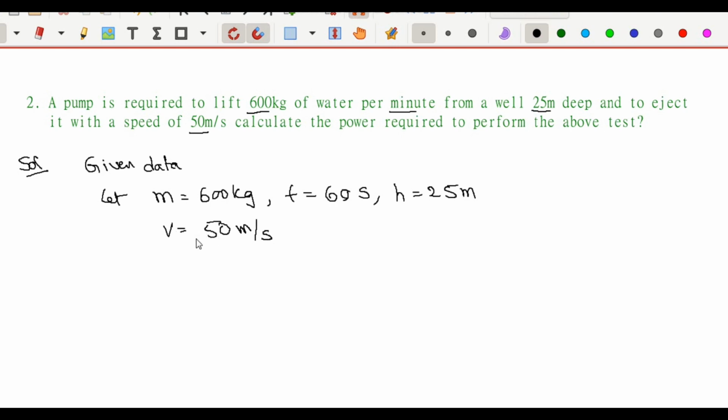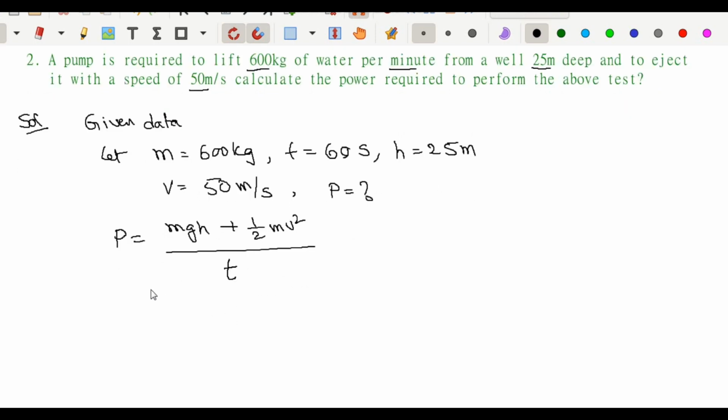Here both velocity and height are mentioned, so we have to consider both potential energy and kinetic energy. We have to find power P. P is equal to mgh plus half mv square, divided by t. This is the formula. Now we substitute the values.